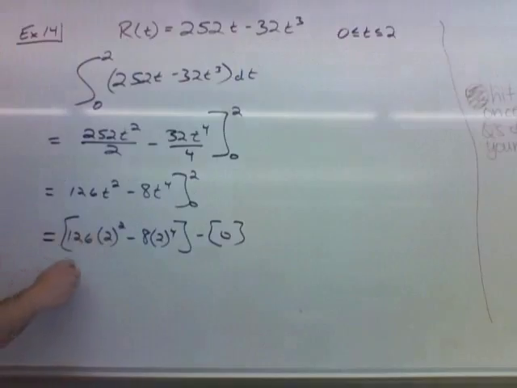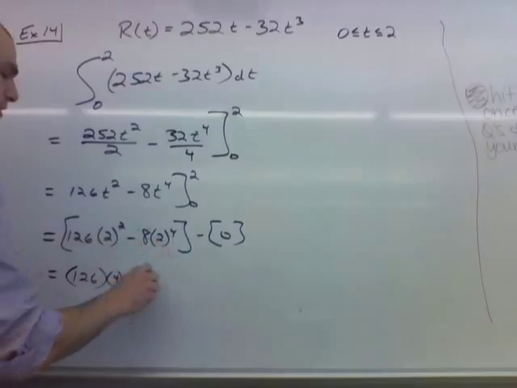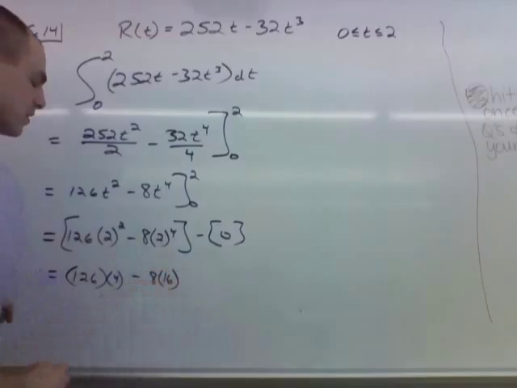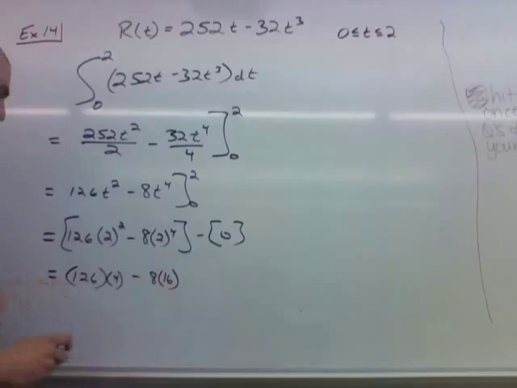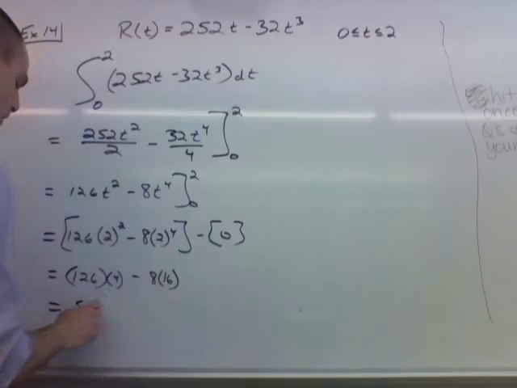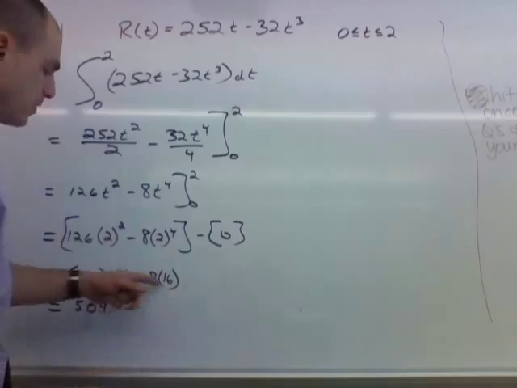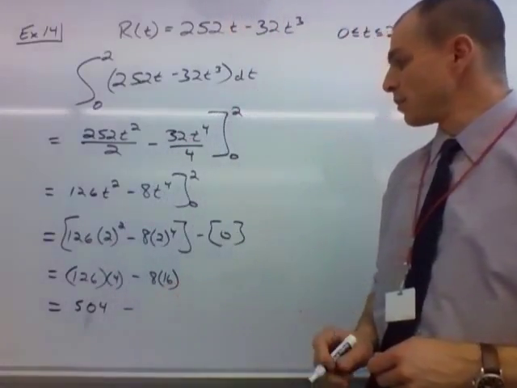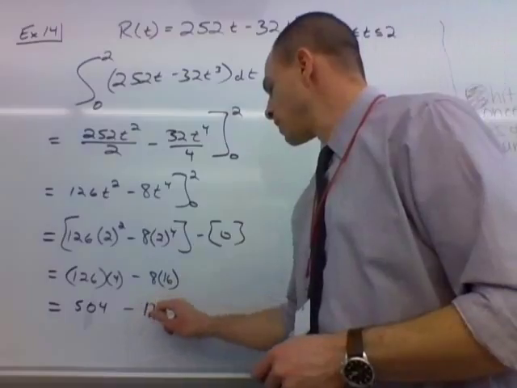We have 2 squared is 4, so this is 126 times 4. And then over here, 2 to the 4th is 16, so that's 8 times 16. Oops, that should be just a minus sign, sorry. All right, so 125 times 4 would be 500, so 126 times 4 should be 504. 504 minus, and then we have 8 times 16, so that's 128.